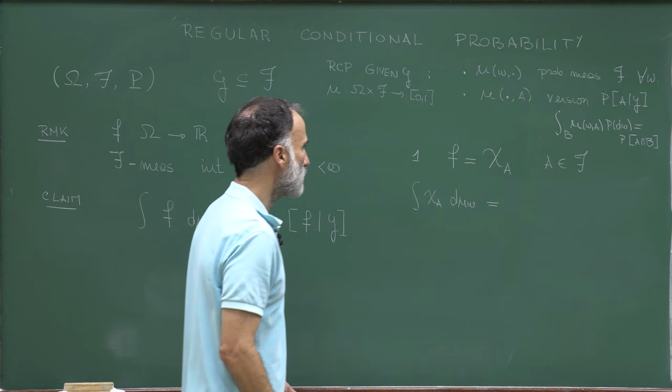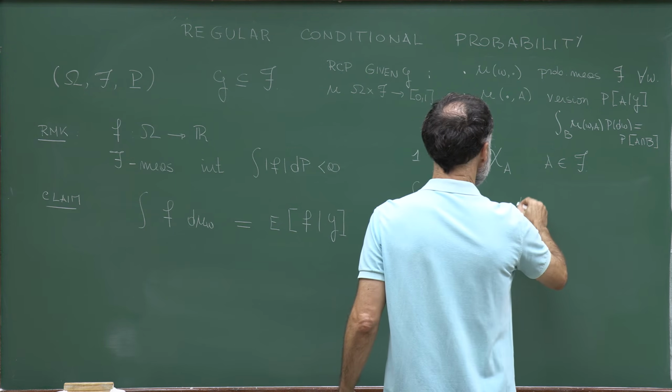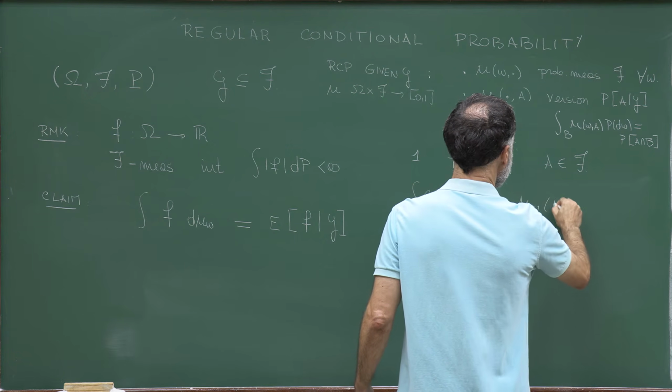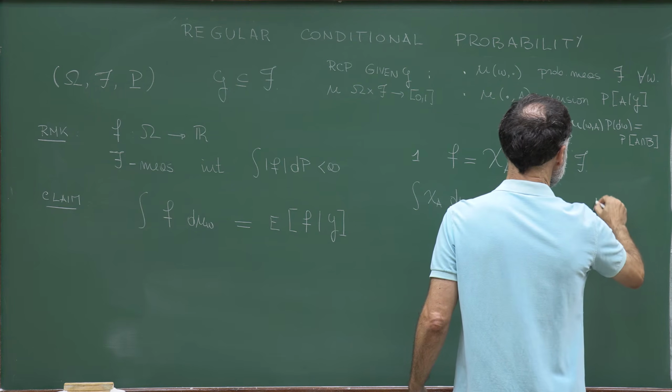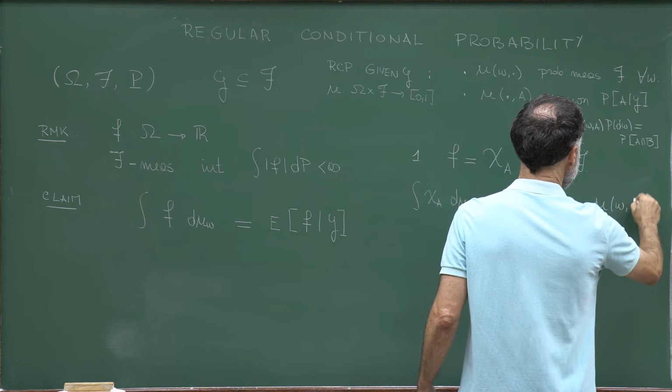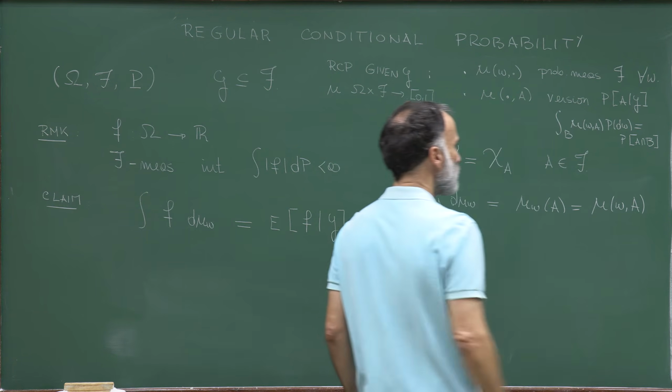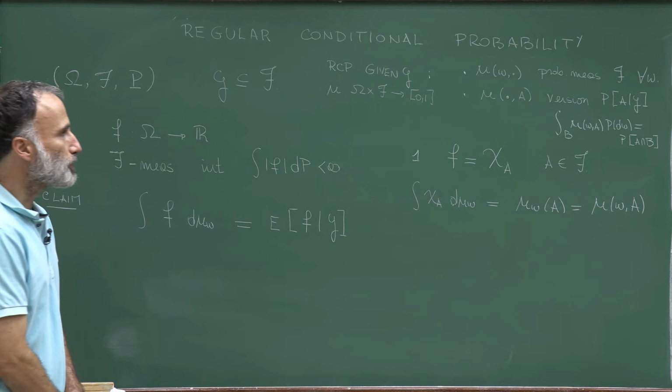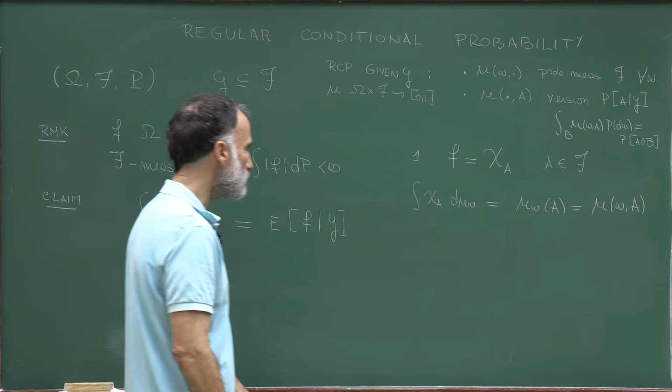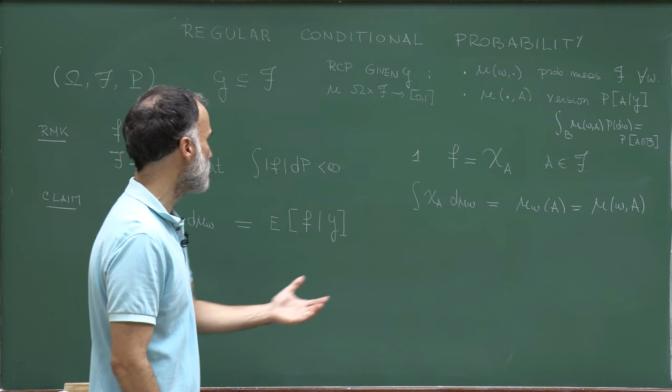Well, by definition of this integral, it's mu omega of A, so the measure of the set A with respect to this probability measure mu omega. So this is the left-hand side.